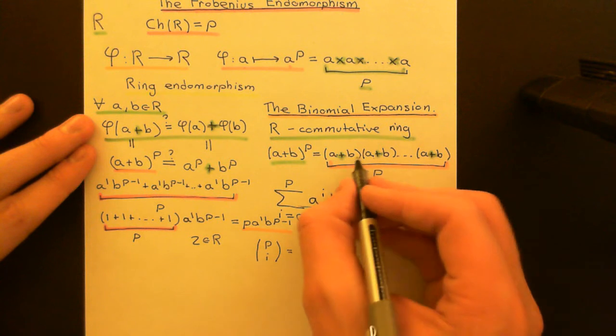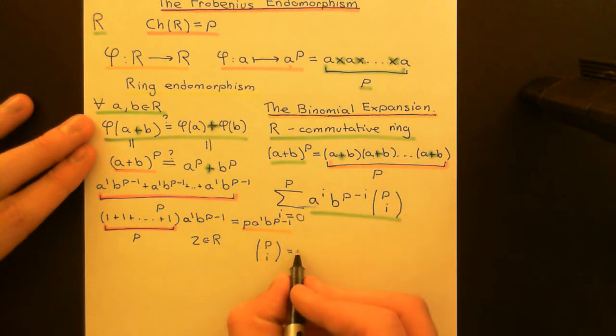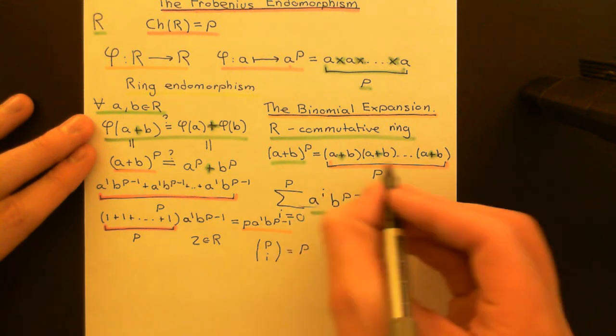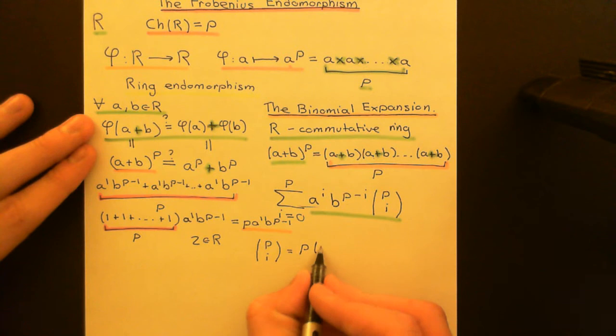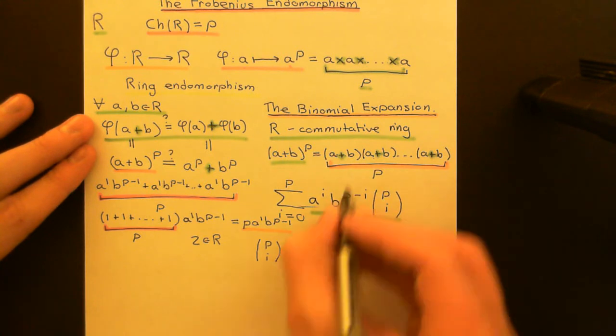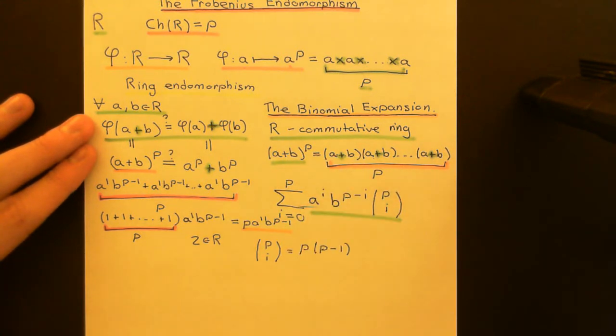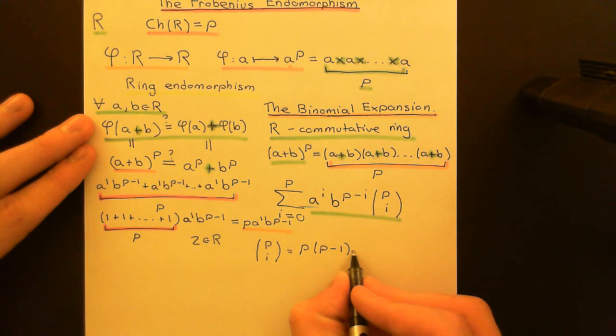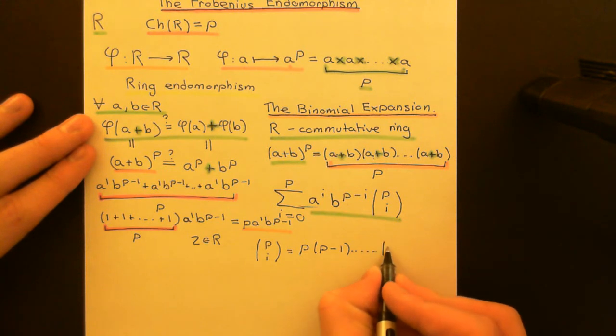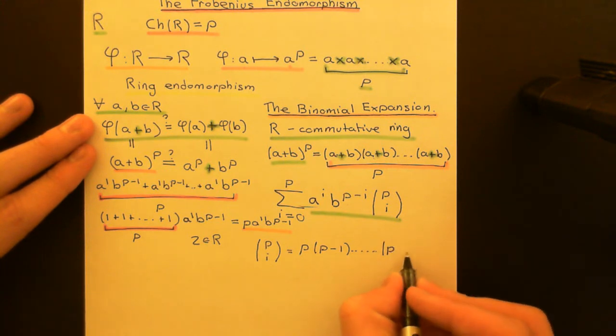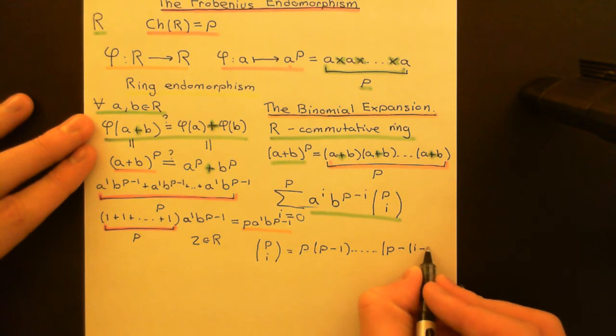Well, of course, for the first a there are p ways of doing that. For the second a that you're picking, there are p minus 1, because you've already used one of them up, and you obviously can't take an a from that bracket a second time. Then you continue this on, and it will go down to the ith a that you have to pick, where there'll be p minus (i minus 1).